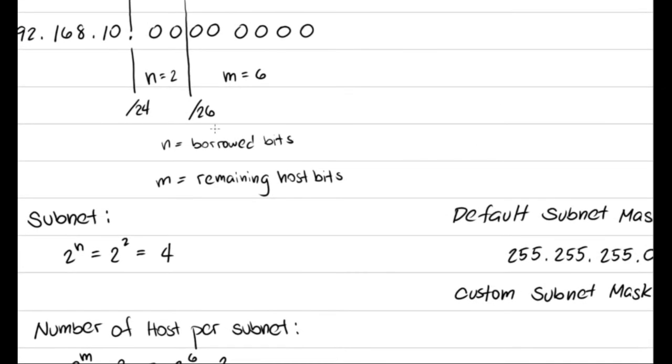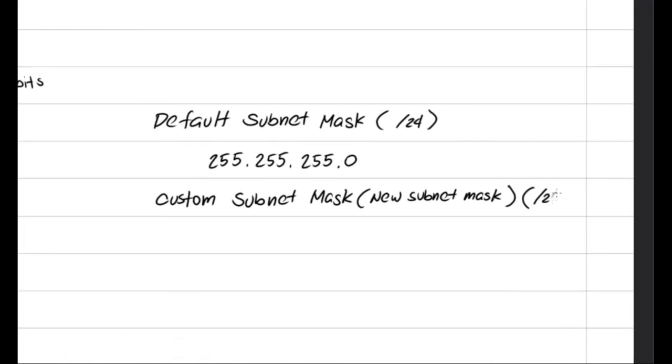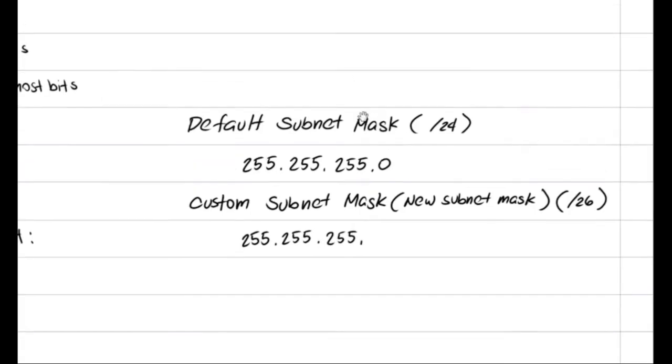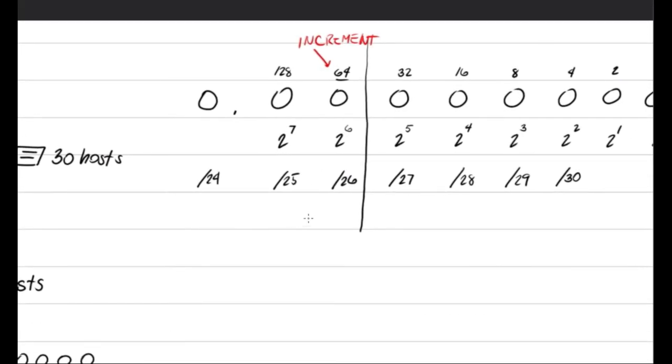Our custom subnet mask prefix is /26. So it will be 255.255.255. So how do we get our custom subnet mask? So we have 128 here.